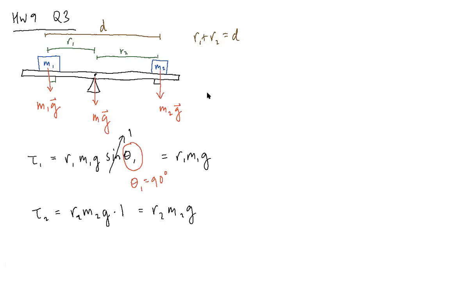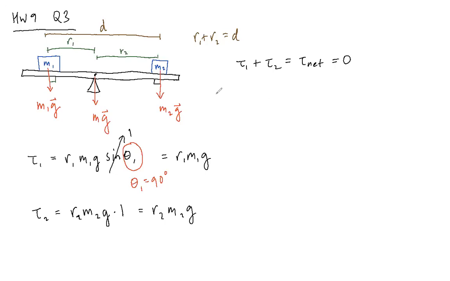The only torques that really matter are the one from this and the one from this. This guy doesn't count because he has no R. So torque number 1 plus torque number 2 is the net torque, and that's going to be 0.